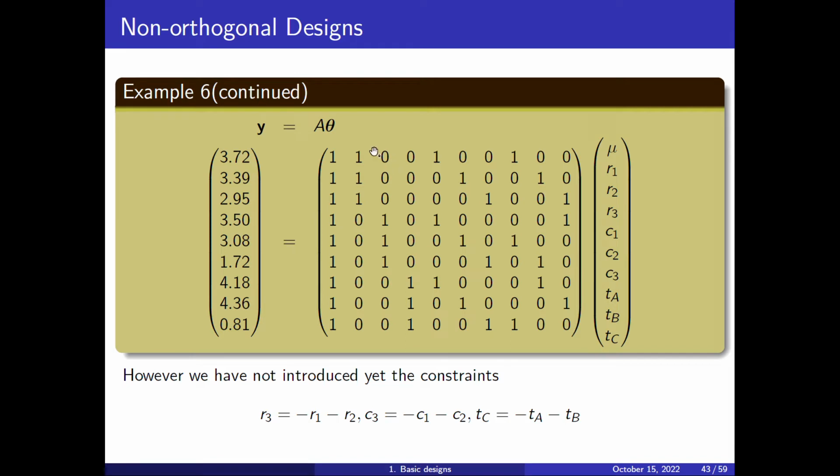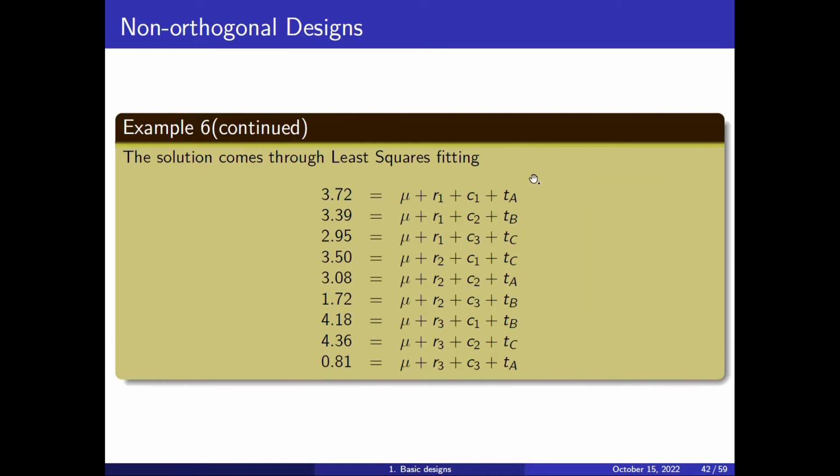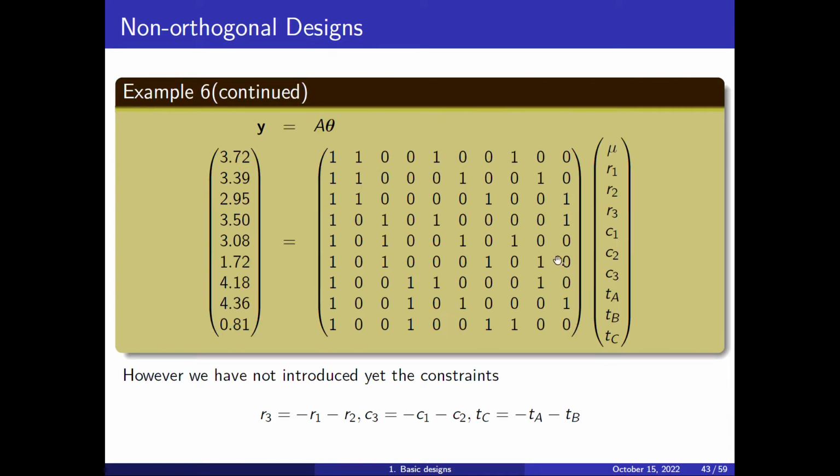So to get this 3.72, you would have 1 times mu plus 1 times R1 plus 1 times C1 plus 1 times TA, and then that is equal to 3.72, and the same for the others. So what we have written are the equations, but now in a matrix form. And yes, we have counted that we have 9 equations and 10 unknowns. That doesn't sound sensible, but we have not introduced yet the constraints.